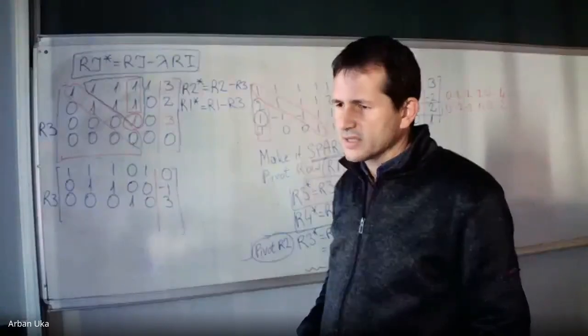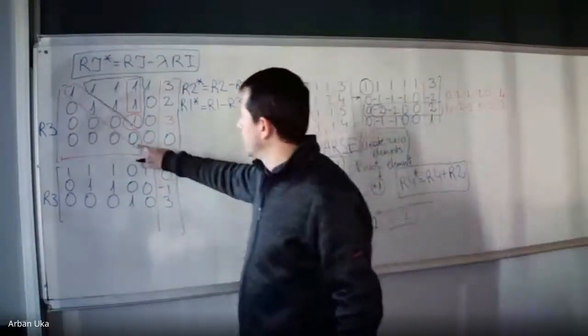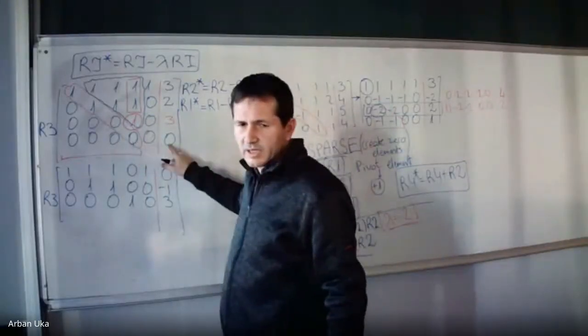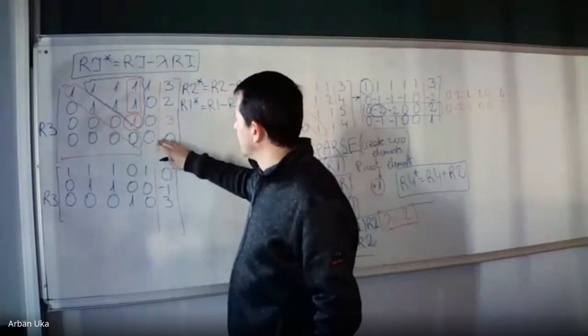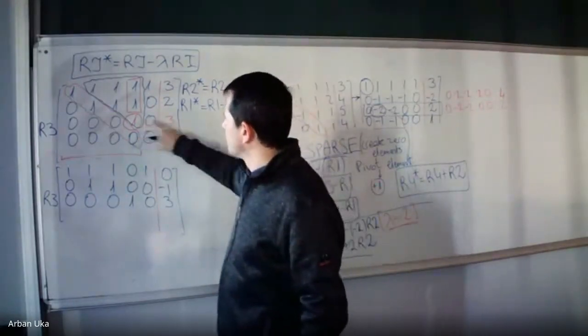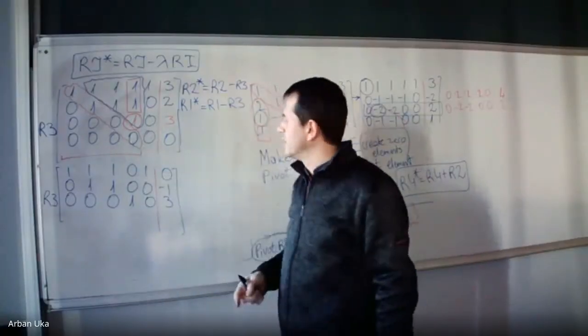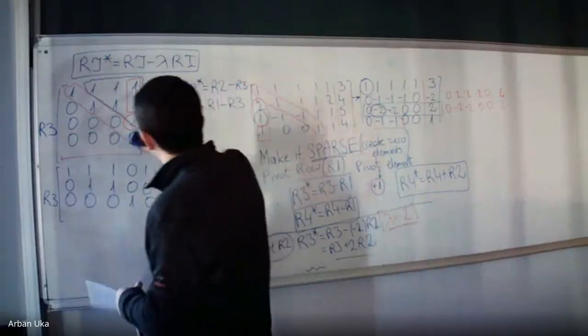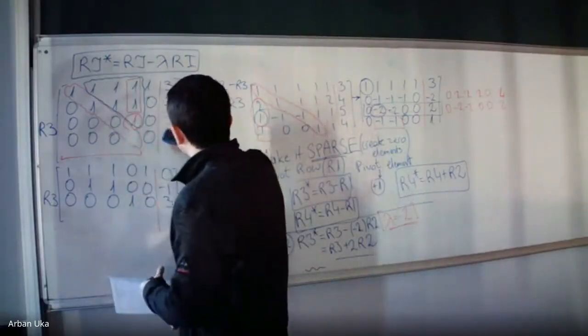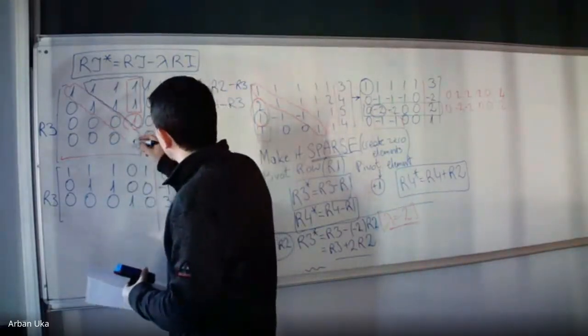Okay, so let's answer the first question. We had here 1, 3, right? Yes. And then we said that this was also 1, 3. So they report the same thing. Let's go back and assume this is 1, 3. This is a good question.